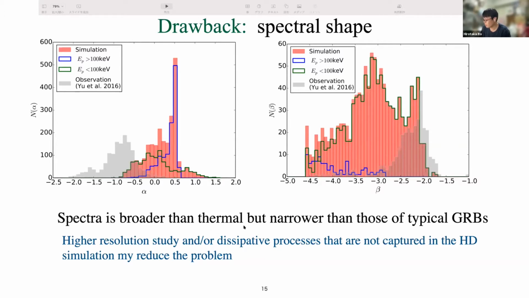Another possibility could be that some non-thermal particles arising from subphotospheric dissipation, which is not included in the hydrodynamic simulation, may be necessary to reduce this issue. However, this is just a discussion, and it's far from clear whether such an effect will actually reduce the tension. And obviously, further study is necessary to pin down this issue.